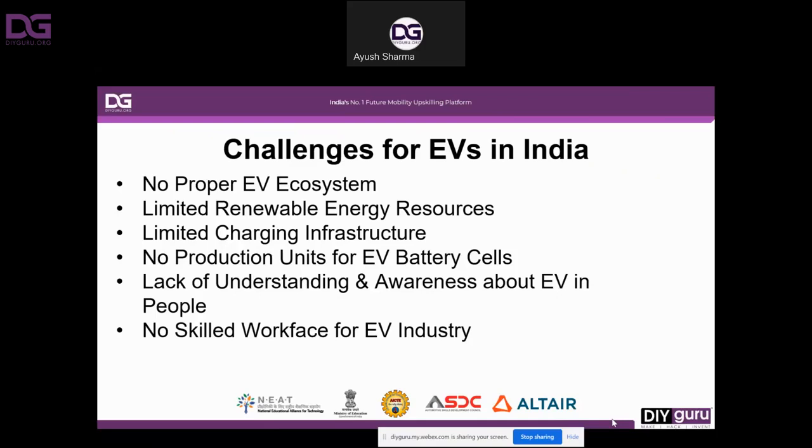The second thing is the understanding and awareness of electric vehicles among people, because people have some misleading beliefs. The first is that electric vehicles are not safe. The second is that they are very costly. The third is range anxiety: that an electric vehicle will give only 200 kilometers, and then what will we do after the battery discharges?